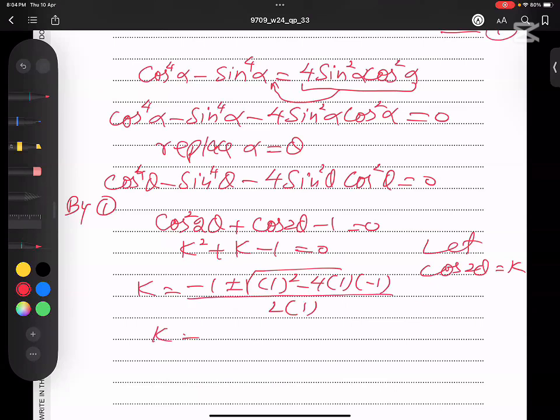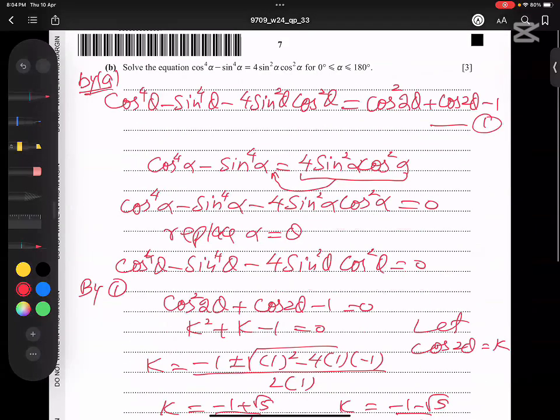And I got two answers, students: minus 1 plus root 5 over 2, and the second answer, minus 1 minus root 5 over 2.